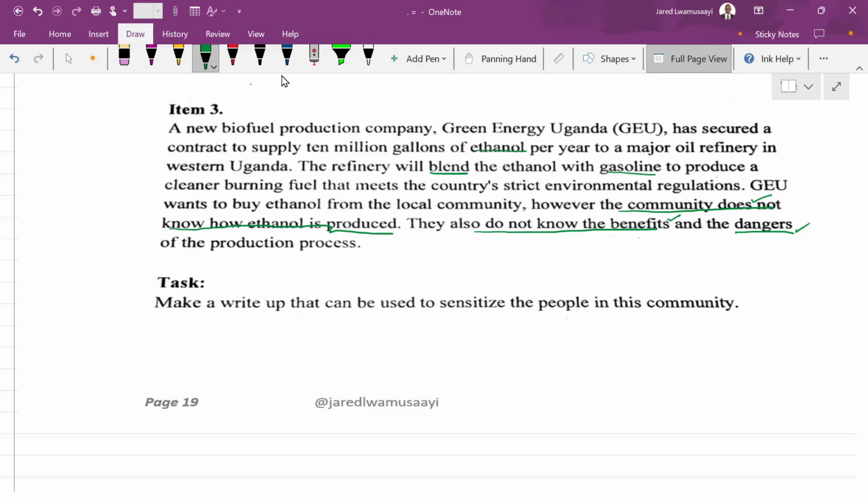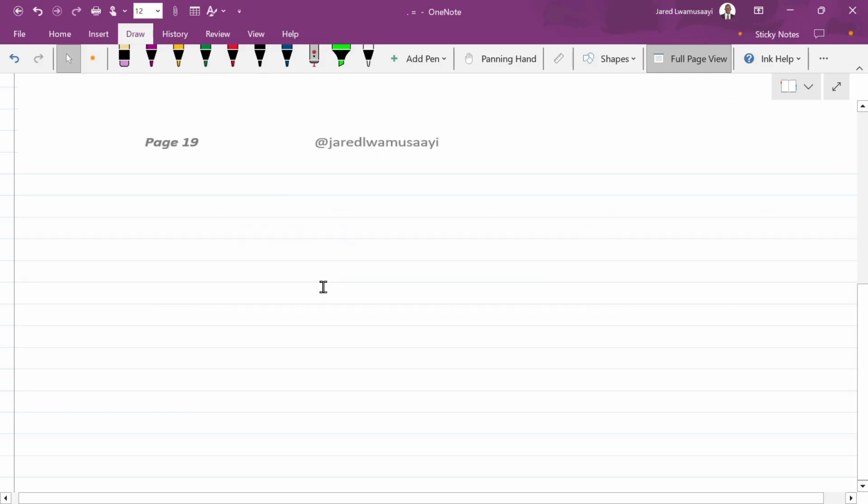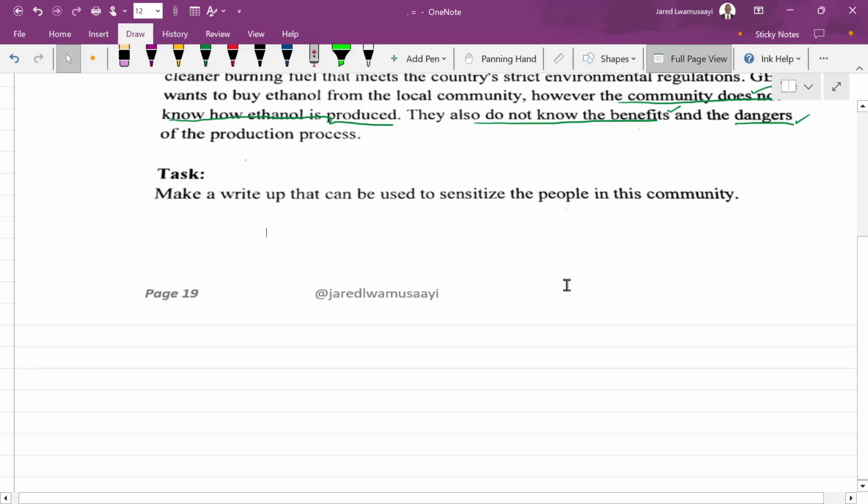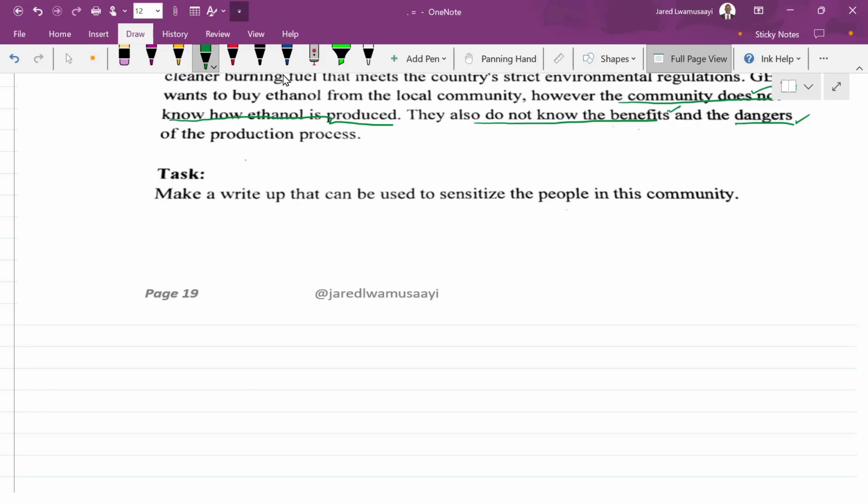Make a write-up that can be used to sensitize the people in this community. But before we move on, there are some key words or key points that we must include in our writing. And one of them is the raw materials. The raw materials as number 1. Then number 2, the process of production.